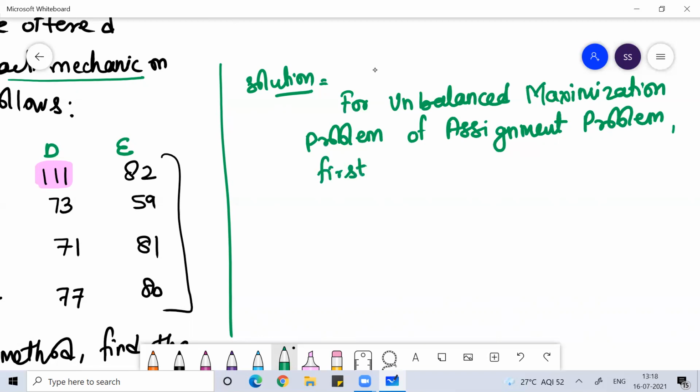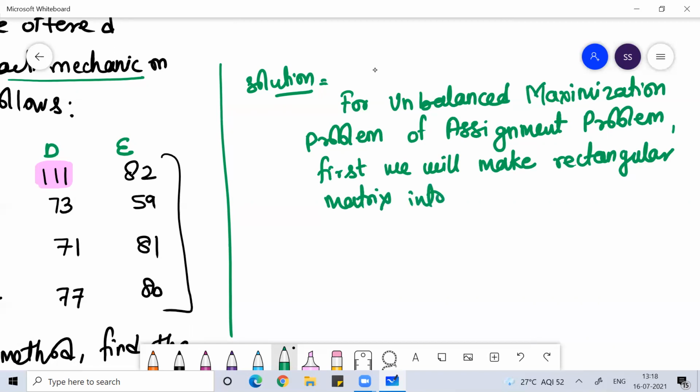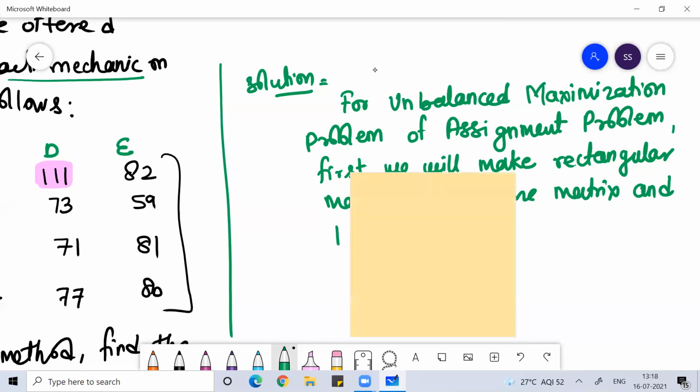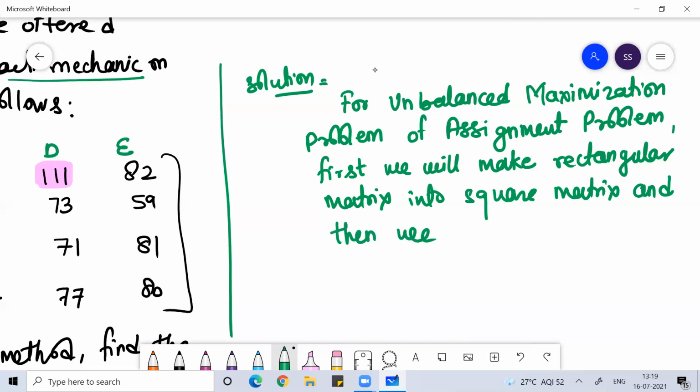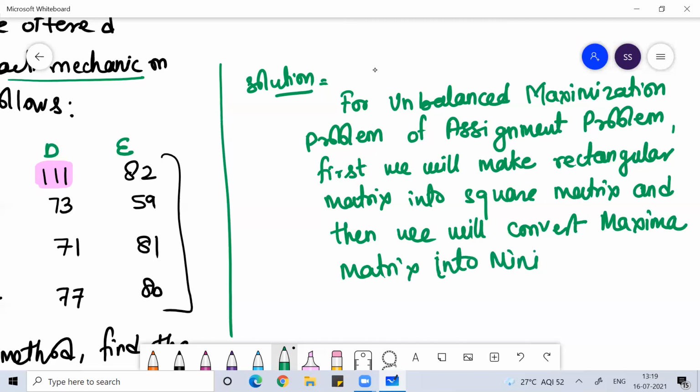First, we'll make the rectangular matrix into a square matrix, and then we'll convert the maxima matrix into a minima matrix.